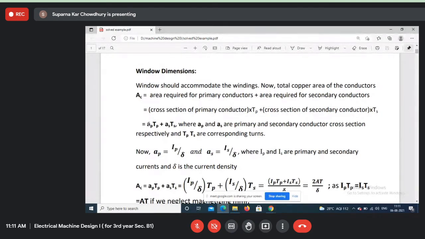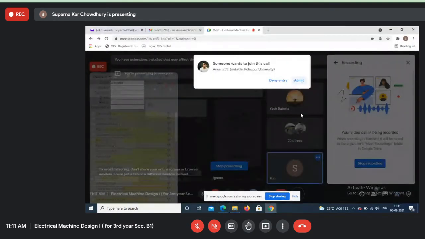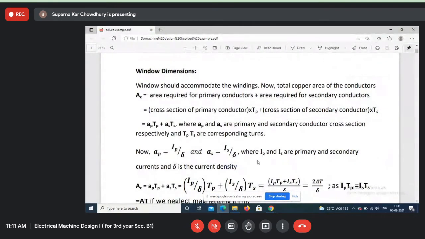So it is AP TP, AP being the cross section of the primary conductor into number of turns of primary, plus cross section of the secondary conductor into number of turns of the secondary. That is the total copper area.